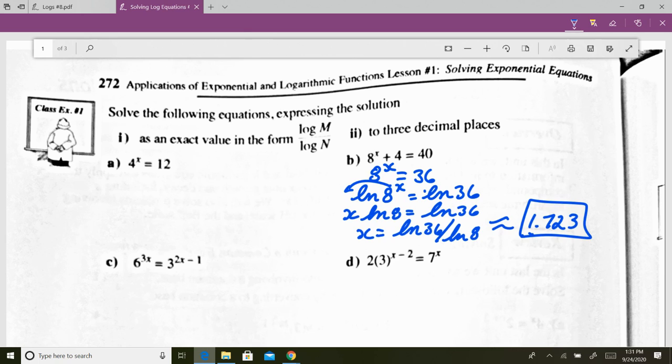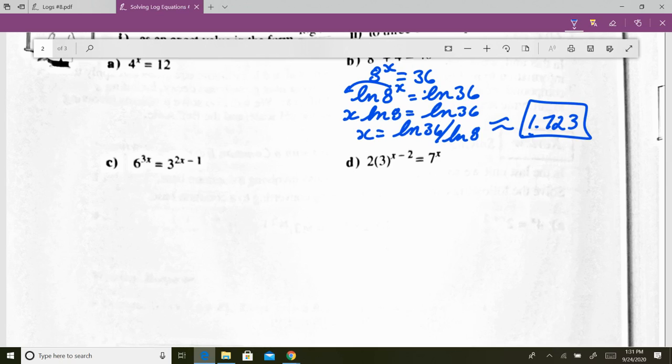All right, one more before I give you some questions. 6 to the power of 3x is equal to 3 to the power of 2x minus 1. Can't make them the same base, so what do you do? You log them. Now what?